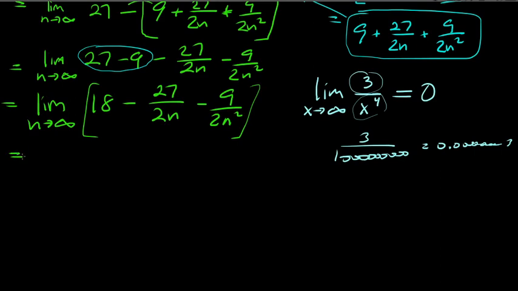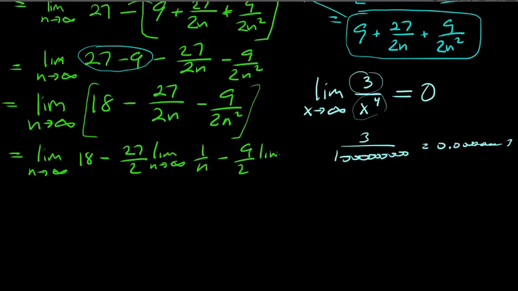So using the rules for limits now, this is the limit as n goes to infinity of 18 minus, and you can take the 27 over 2 out, the limit as n goes to infinity of 1 over n, and then minus the 9 over 2 times the limit as n goes to infinity of 1 over n squared. So yes, we're using n's instead of x's, but it's the same thing, right?